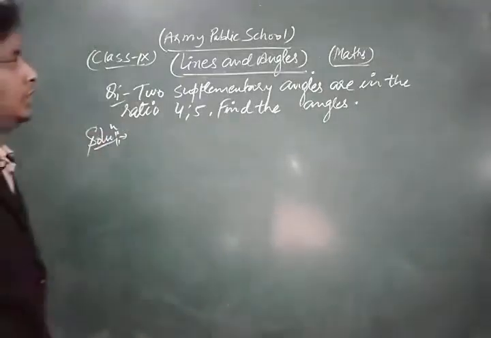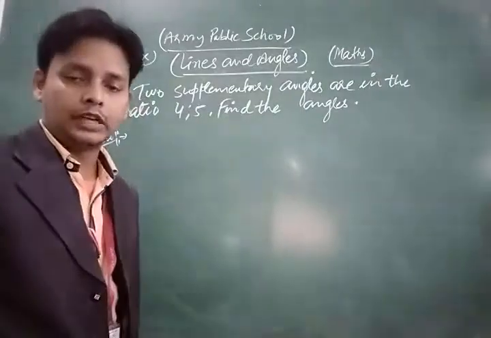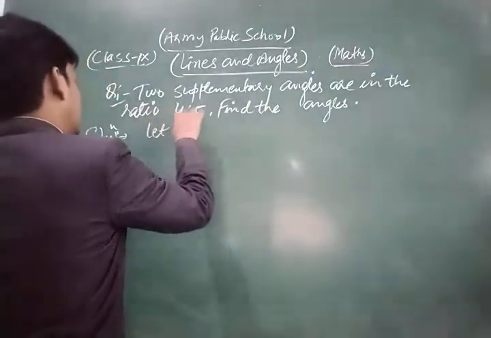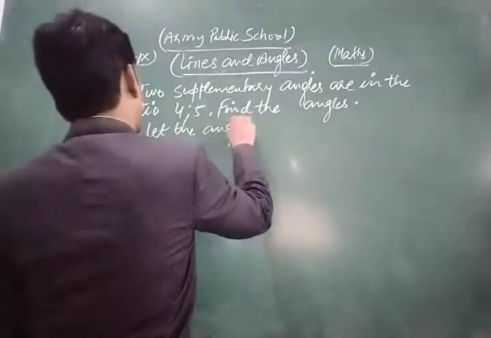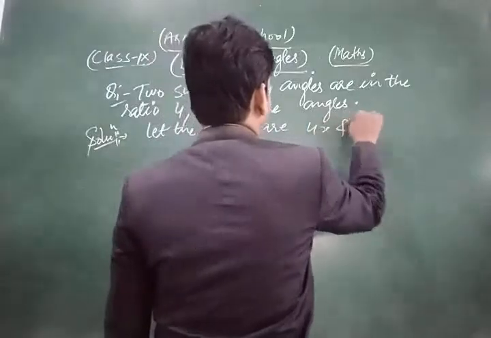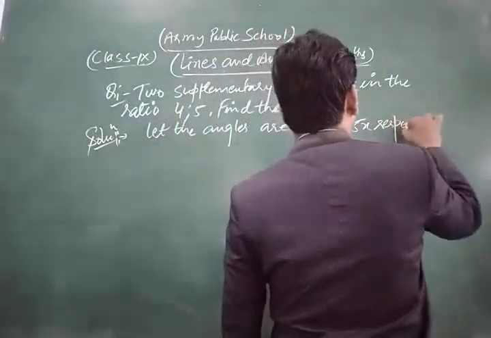Here the ratio of the two supplementary angles is 4:5. So let the angles be 4x and 5x respectively.